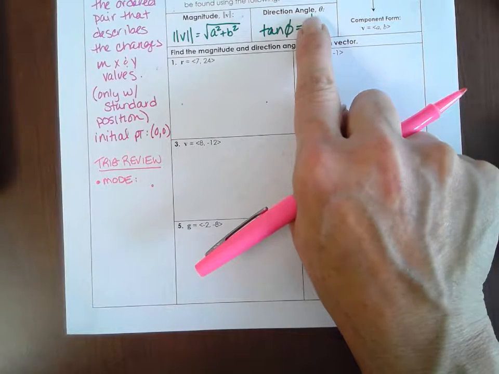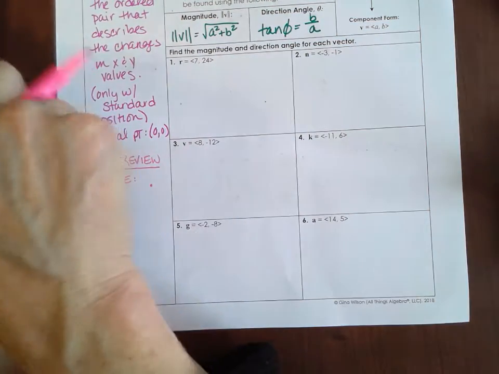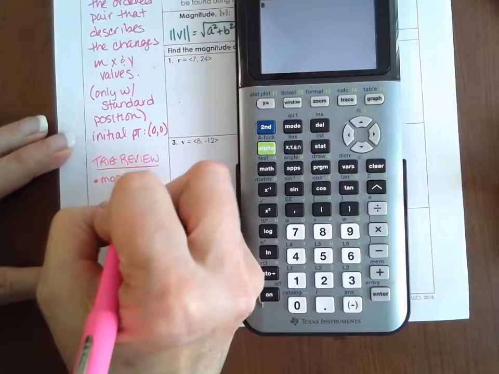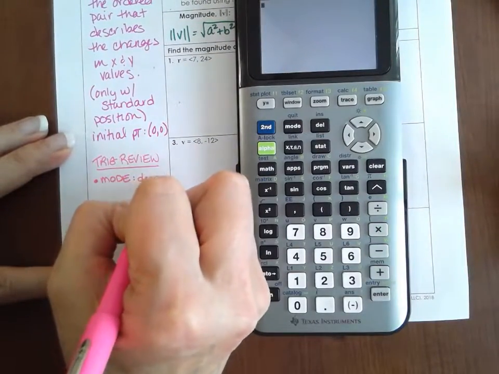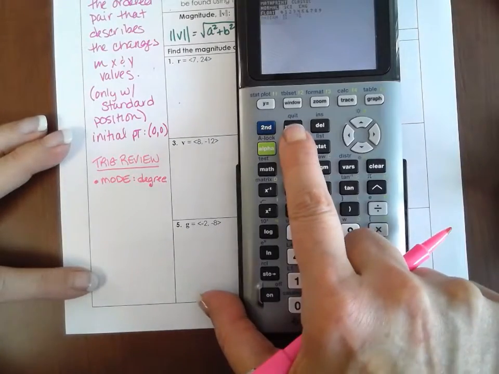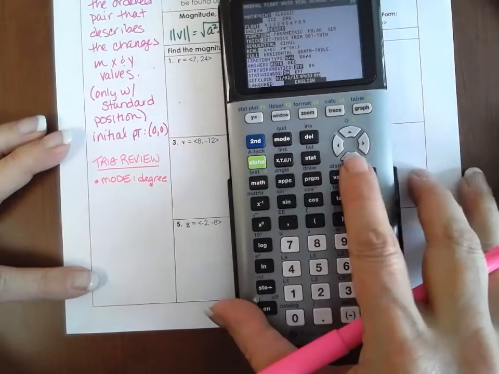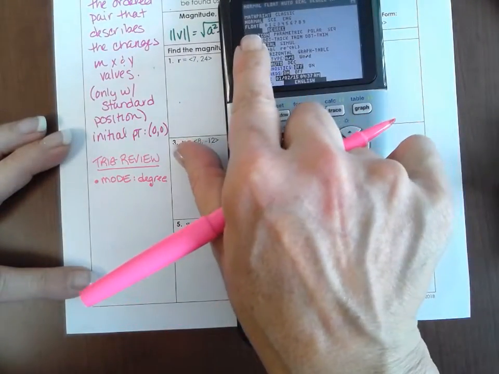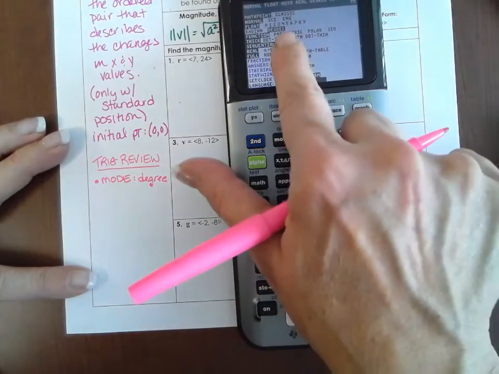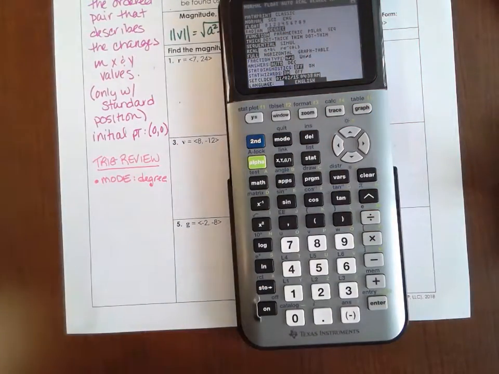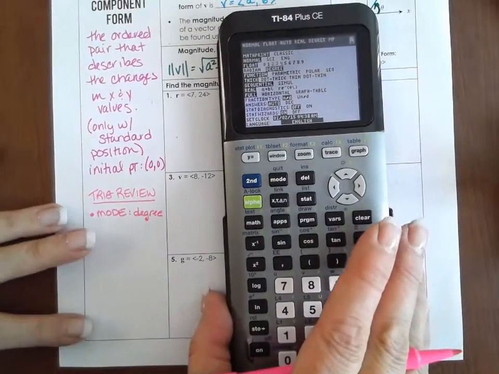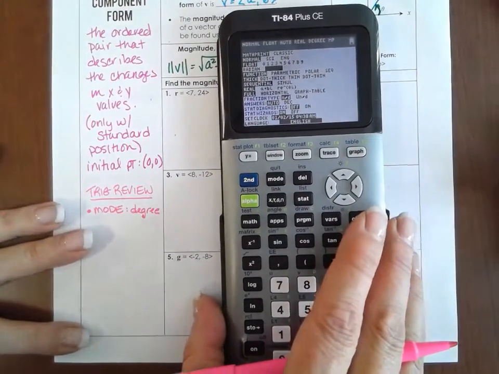Anybody remember what that certain mode is? Degree. It has to be in degree. Okay? And so you hit your mode button and you go down and say, no, I don't want radian, I want degree, and hit enter. Okay, that's fine.